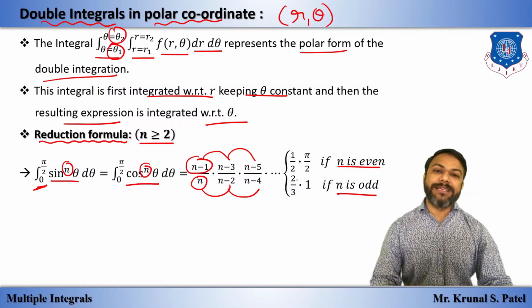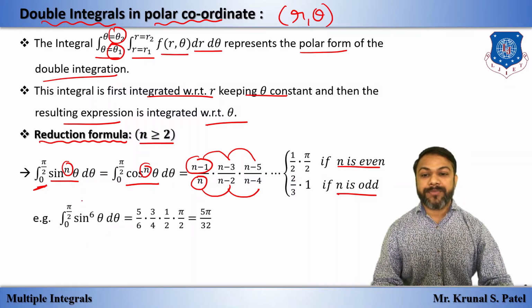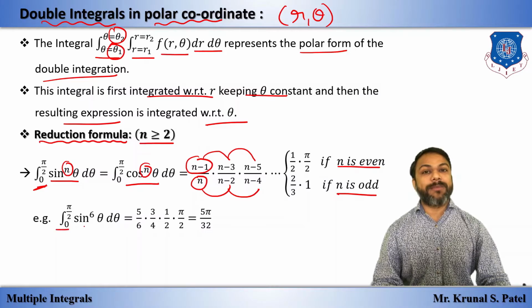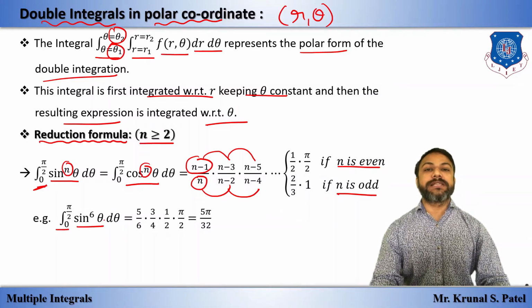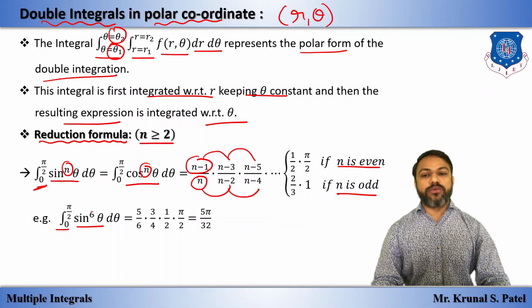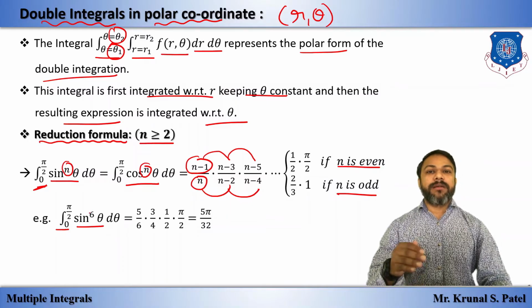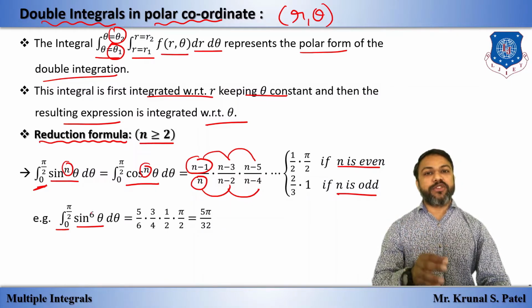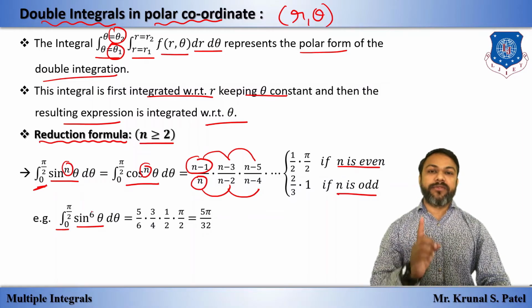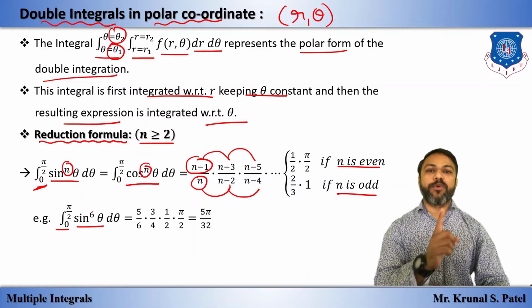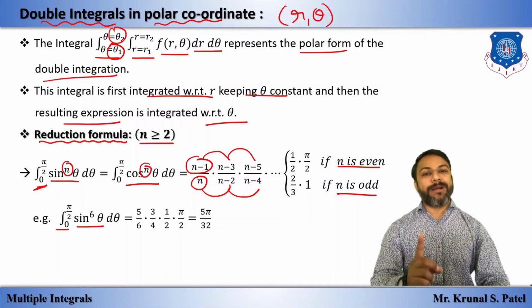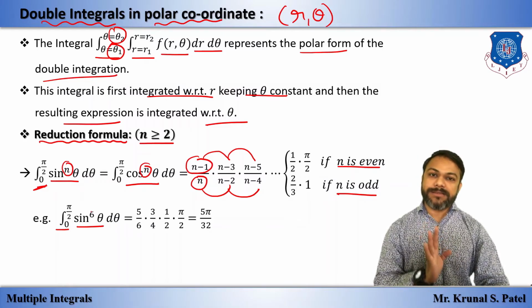To understand this, we have one simple example: integration 0 to pi by 2 of sine raised to 6 theta d theta. No need to check whether the power is even or odd. By simplification, you will automatically get 1 by 2 or 2 by 3. If you get 1 by 2, then put pi by 2. If you get 2 by 3, then multiply by 1. Simple.